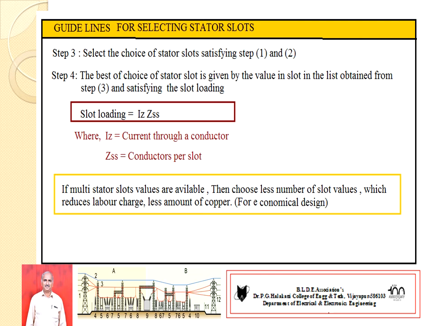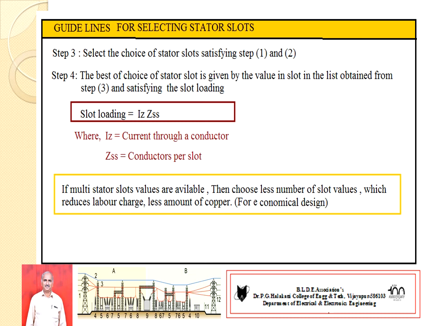Step number 3. You list the number of stator slots satisfying step number 1 and step number 2. Step number 4, if slot loading is given, then stator slots should also satisfy the slot loading. Slot loading equals IZ, current through the conductor, into ZSS, number of conductors in one slot.